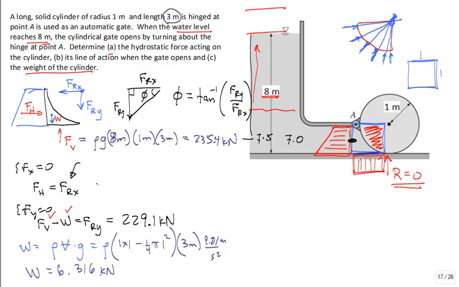Okay. So this is going to be rho g 7.5 times 3 meters. And when you calculate that, it comes in right at 220.7 kilonewtons.